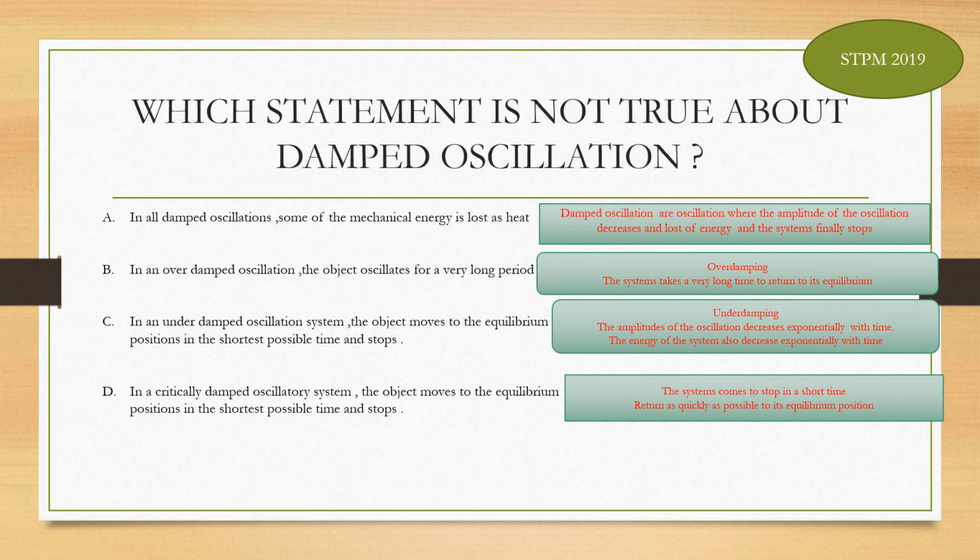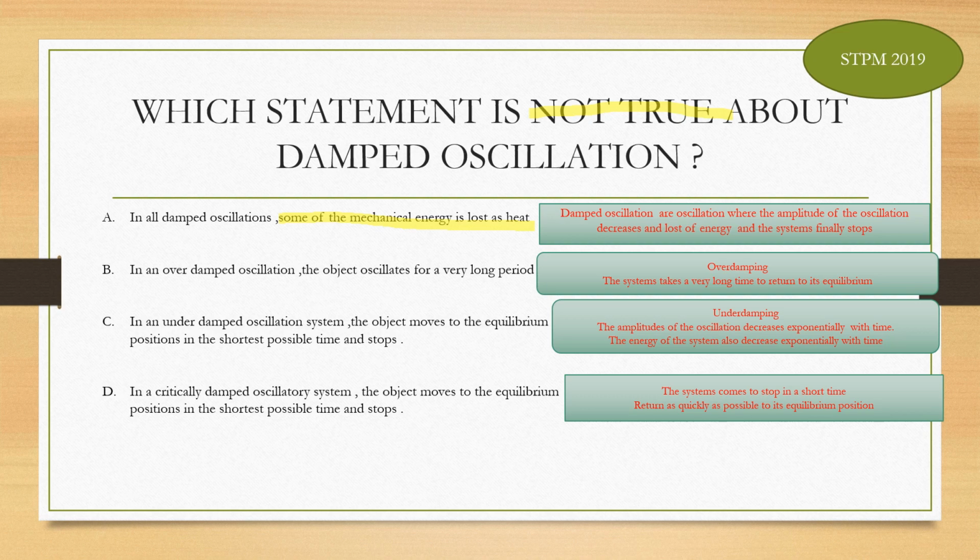Okay, let's come back to this question in STPM 2009. Which statement is not true about damped oscillation? Choice A: in all damped oscillation, some of the mechanical energy is lost as heat.